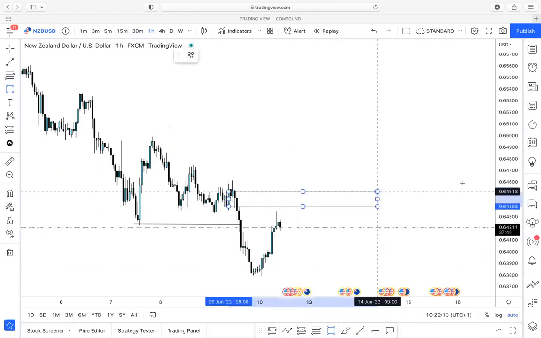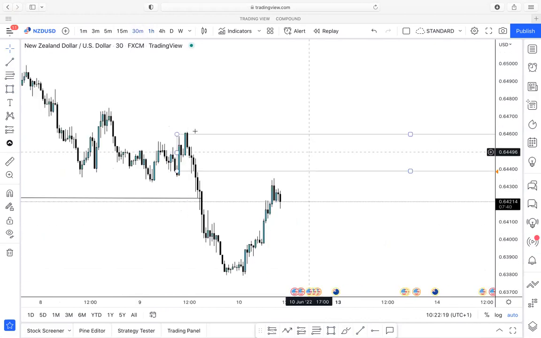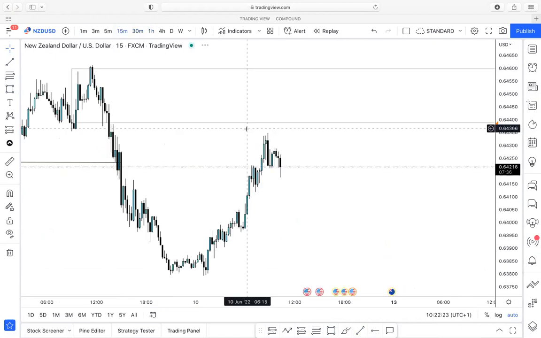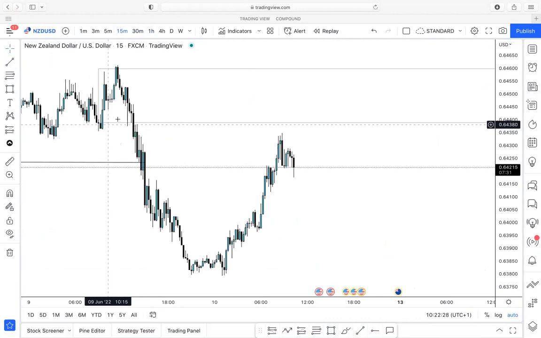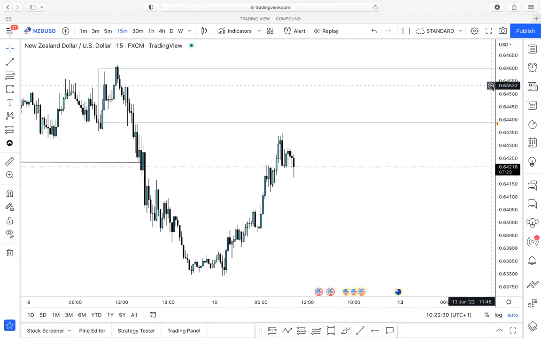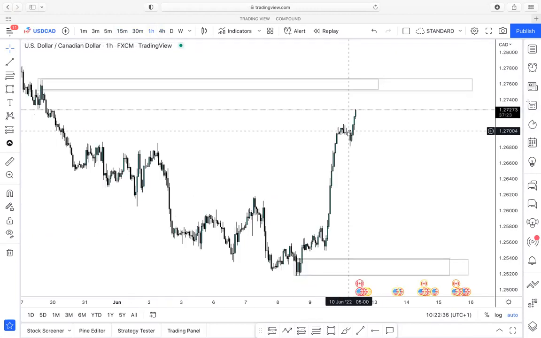I'd probably be looking at this zone, yeah. I'd also look at this one here. The most extreme.